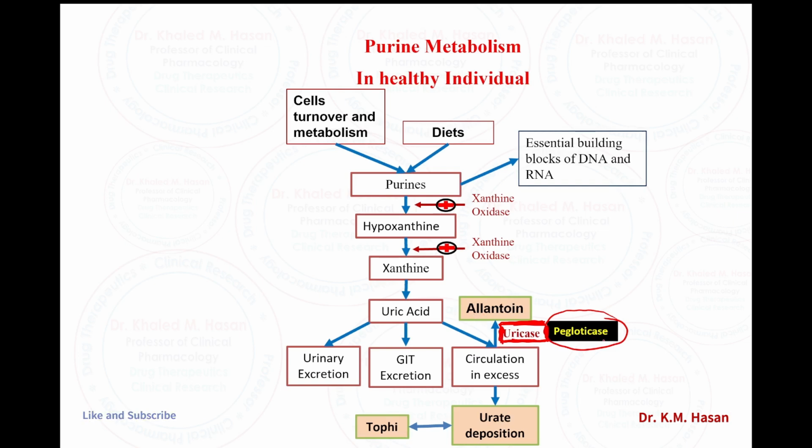So pegloticase enhances conversion of uric acid in the blood to a less harmful substance, allantoin, which is eliminated in the urine. Pegloticase is an enzyme that converts uric acid to allantoin and increases excretion in water. This explains the mechanism of action of pegloticase.